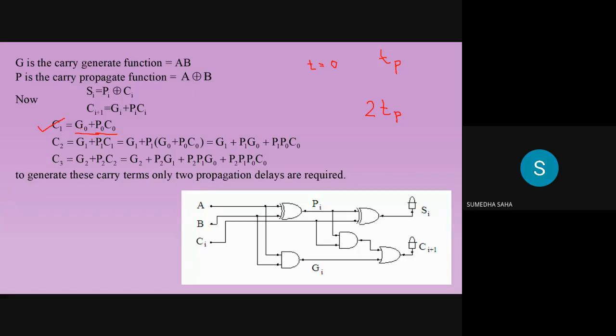So for generating G0 plus P0 C0, 2 TP time is required. I mentioned in the beginning that all the P and G terms are available with you. You don't need to think about how much time is required to generate the P0 G0 terms. They are available from the beginning.